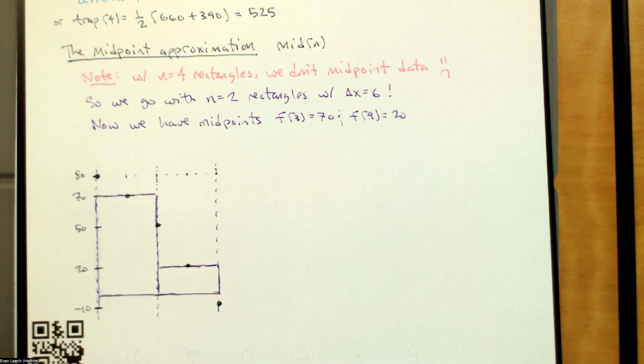So notice that this is going to have some over and some under. So instead of being all overestimate, it's going to be some overestimate and some underestimate.